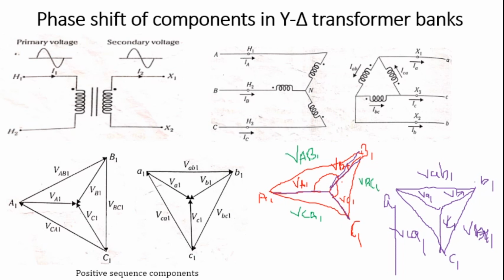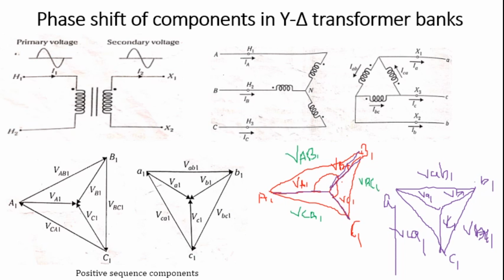If you look at the angle made, this is capital VA1 and this is the small VA1. From this, we can see the high voltage side should lead the low voltage side. VA1 leads the small VA1 by an angle of 30 degrees.